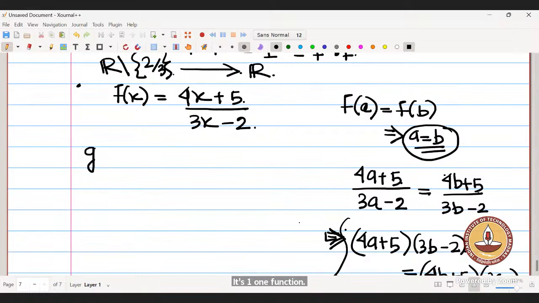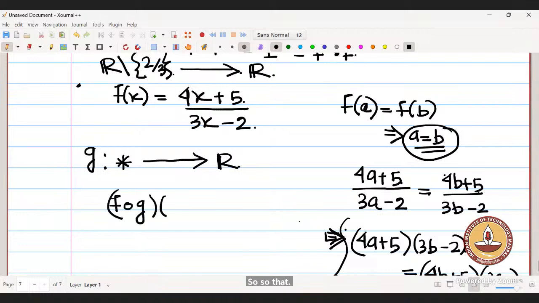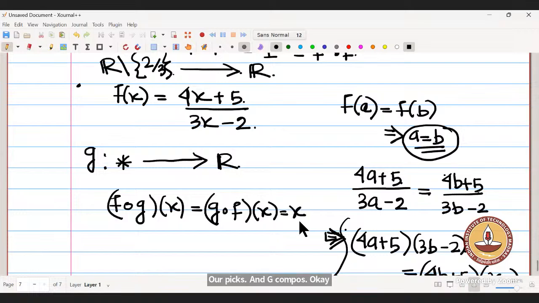g of x. We'll decide from where to where, it's basically R, such that f compose g of x and g compose f of x are x, right?